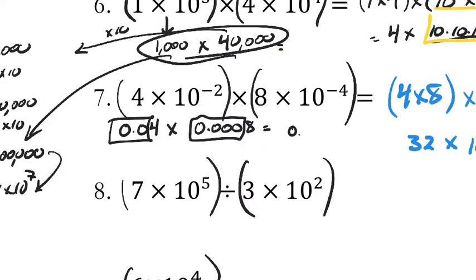So we're going to go 2, 3, 4, 5, 6. Now the 3, because 8 times 4 is bigger than 10, is actually going to overlap with this last 0 and be right there. And then this is really 3.2 times 10 to the negative 5th.